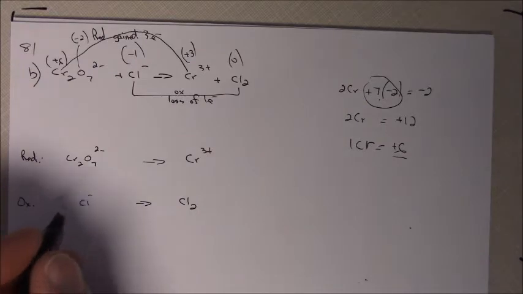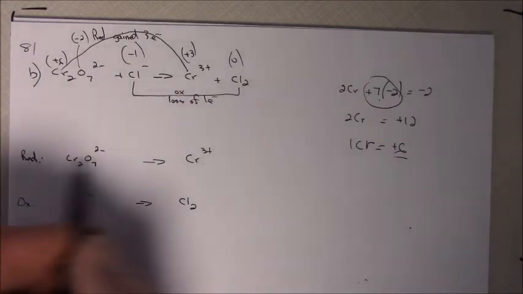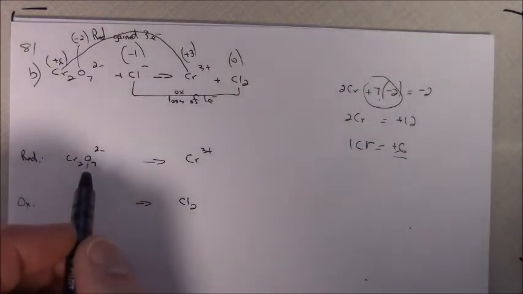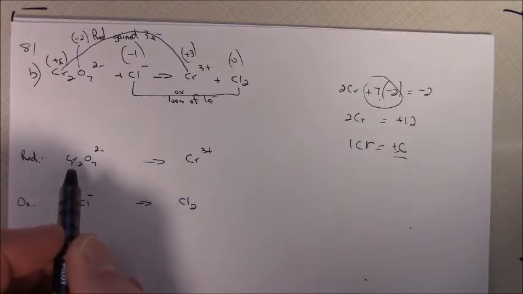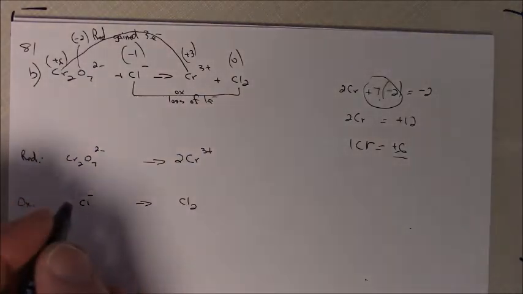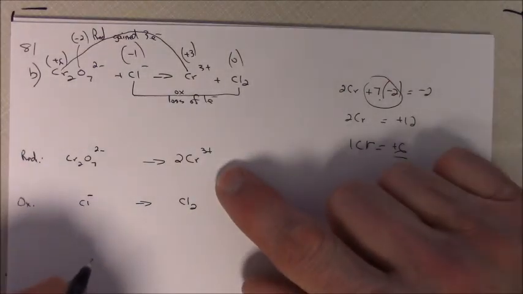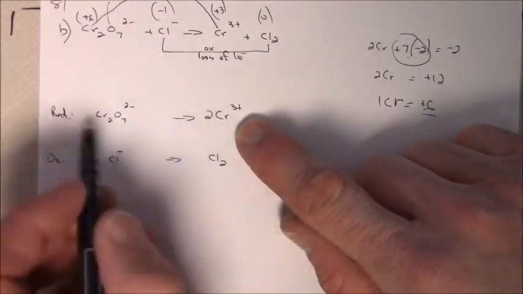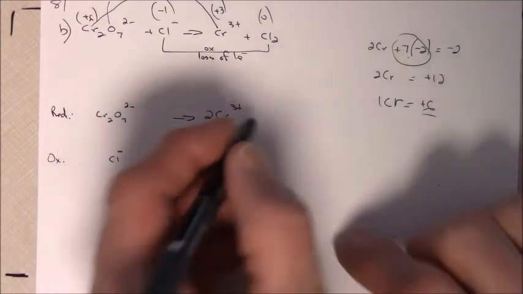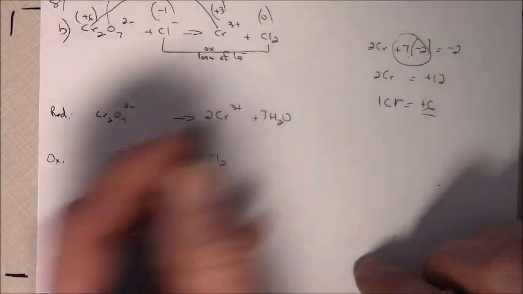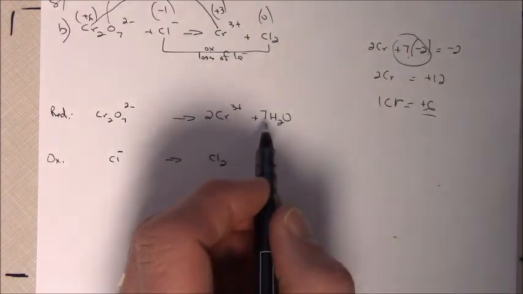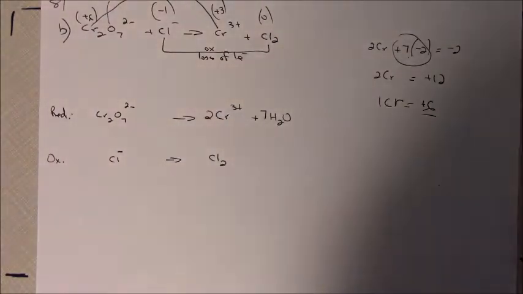So the first step is you don't look at oxygens and hydrogens yet. You always look at the non-hydrogen, non-oxygen elements. So you got 2 chromiums on this side, 1 over here, so therefore you need 2. Once that's done, you balance the number of oxygens with water molecules. 7 oxygens over here, I need 7 waters. Now the next one is balance the hydrogens using H+.